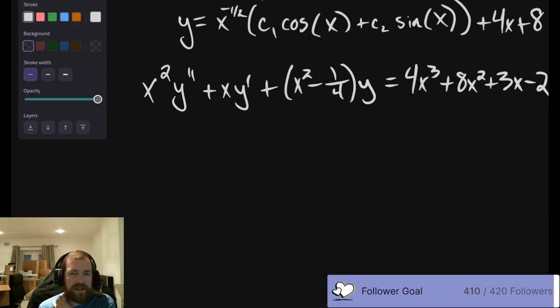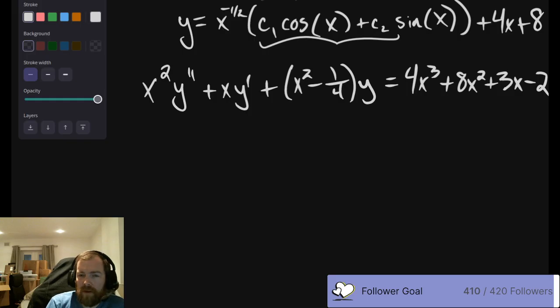So since the homogeneous solution includes this stuff, C1, C2, and it's generalized, meaning it could work with literally anything, then we could say our solution for this is going to be y equals 4x plus 8, where C1 and C2 are both 0.